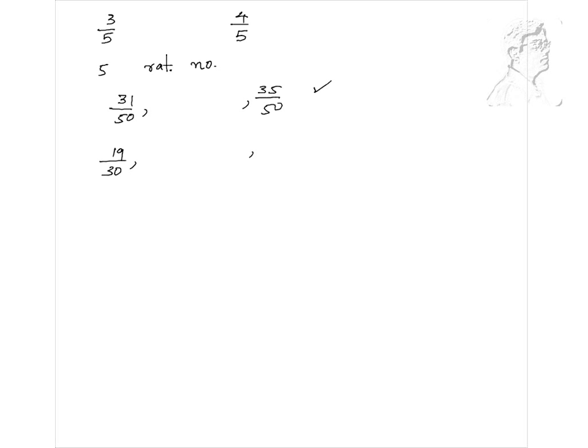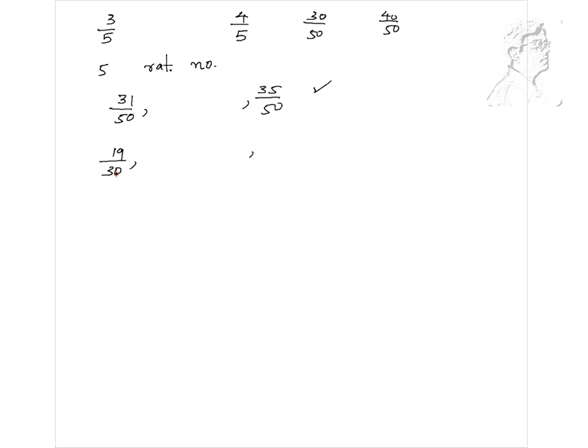And the approach he has followed is, 3 by 5 can be written as 30 by 50. 4 by 5 can be written as 40 by 50. So obviously, all these 5 will be lying in between these. That's a good method. Then what approach have you followed to answer 19 by 30?